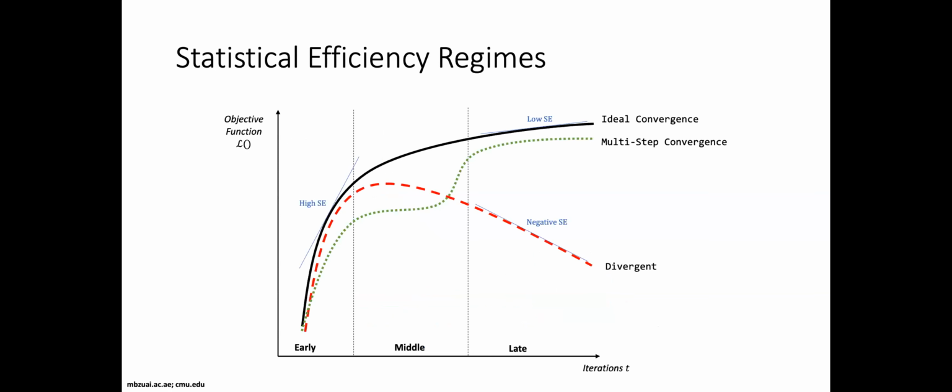And like throughput, there are different regimes. You may have the classic convergence curve, which is up, straight, and to the right. But in reality, we do see this in neural networks. I believe ResNet is one of those networks that tends to exhibit this multi-step convergence pattern. It also tends to happen a lot for more complex neural networks, due to the phenomenon, the theory being that the optima lie in some wider basin, and within that basin there are many peaks and valleys.